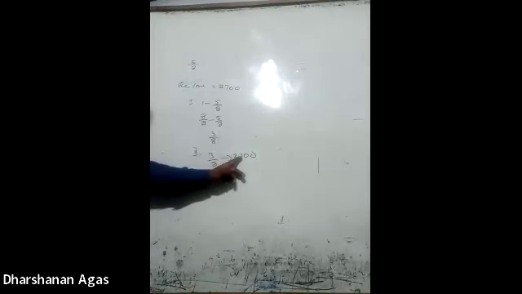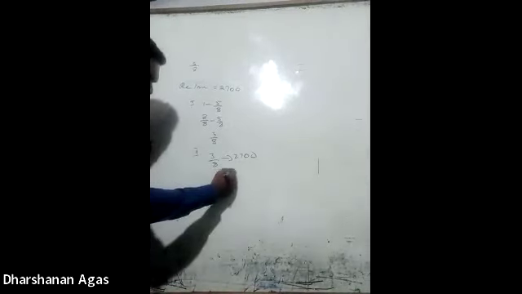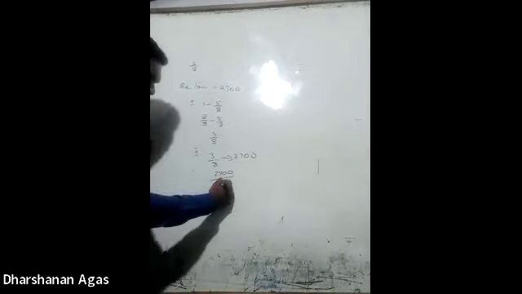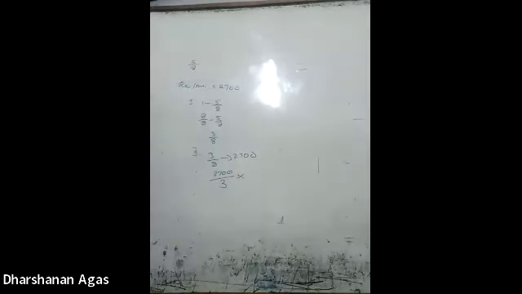Then 3 units equal 2700. So how to find the 1 unit? 2700 divided by 3. And they are asking the cost, or the value, of the bicycle. That is 8 units. 3 units is given as 2700.